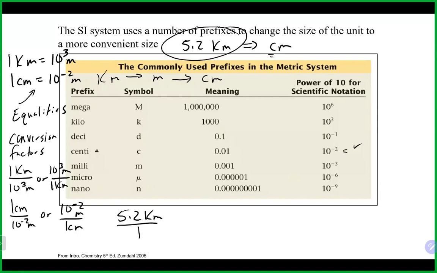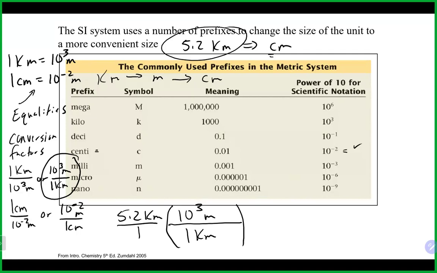Top. So if I want to get rid of kilometers, I need to go in the opposite location, which means I need to put kilometers on the bottom. So I should go to my conversion factors and find the one where kilometers are on the bottom, and that would be this one right here. I would then set it up and go 1 kilometer is 10 to the 3 meters.